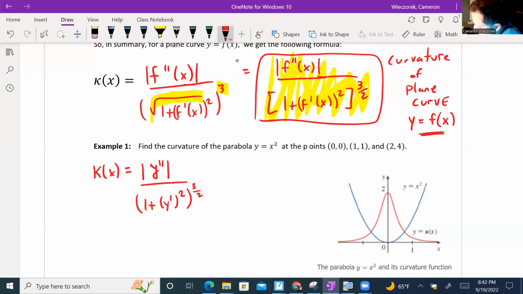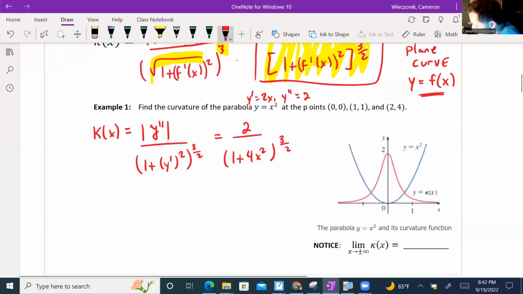If y is x squared, that means y prime would be 2x, which means y double prime would just be 2. So I get the absolute value of 2, which is 2, over 1 plus (2x) squared, which would be 4x squared, to the power of 3/2.